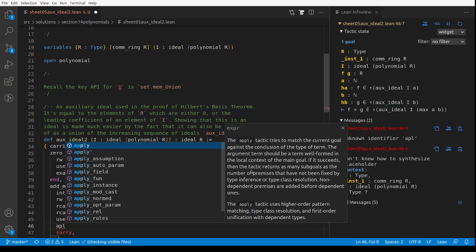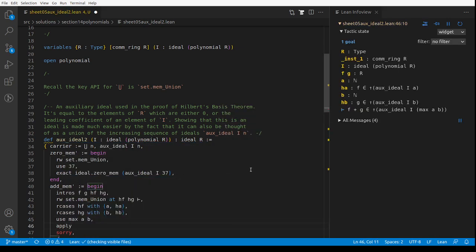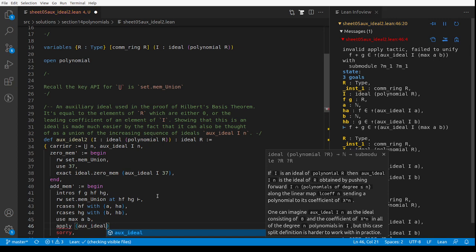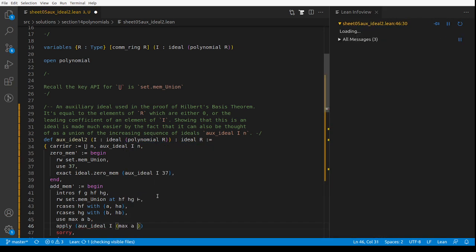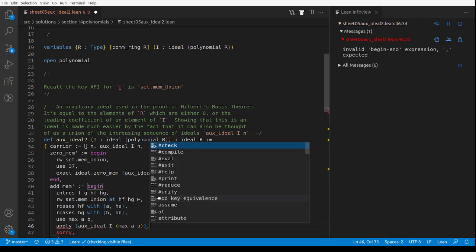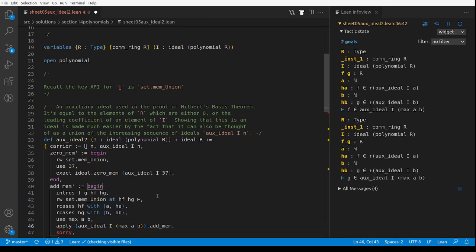So apply, I might have the same problem. auxIdeal I (max a b). Dot add_mem, right? Yes. And now this one is because we're monotone.